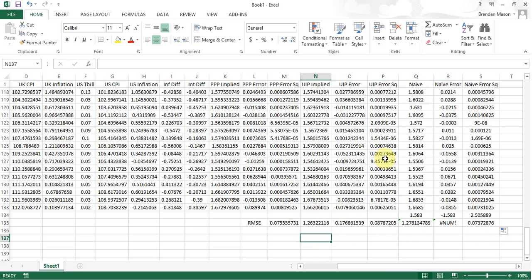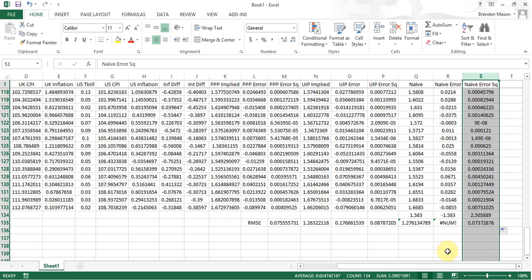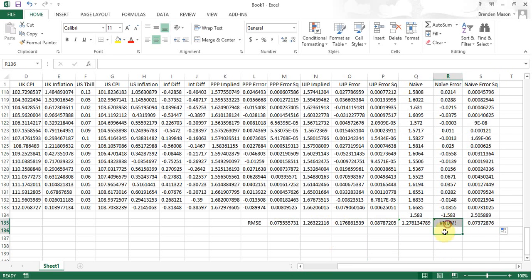Right? So now we have our root mean squared error for the uncovered interest parity and for the naive forecast. Taking the square root of the average of this column and of this column is essentially meaningless, so we can get rid of those.